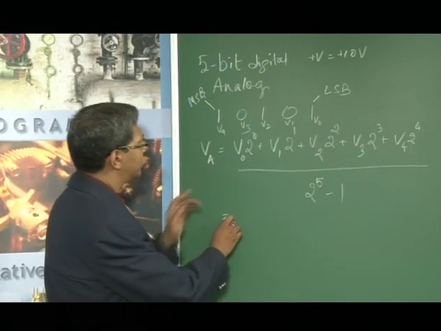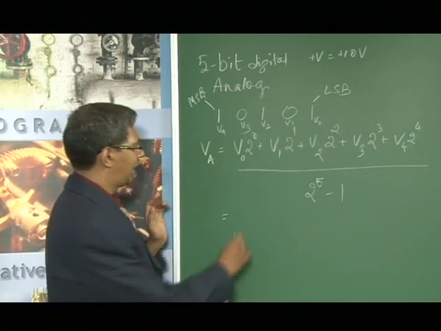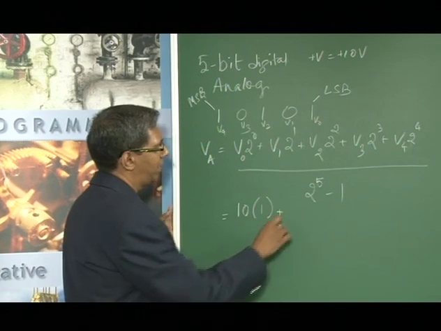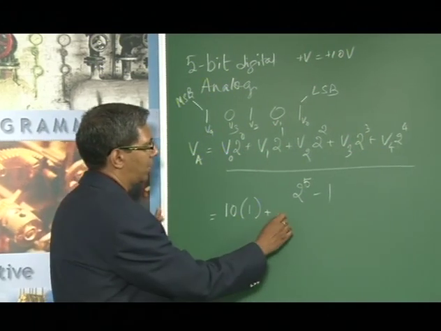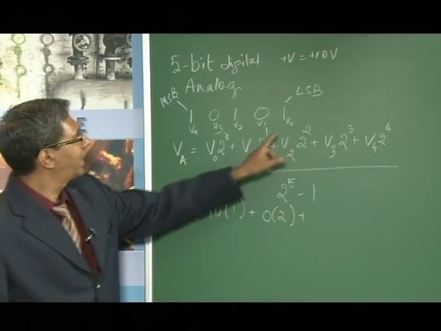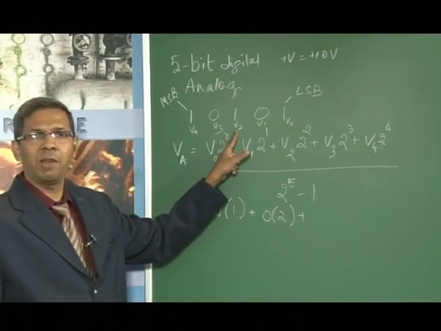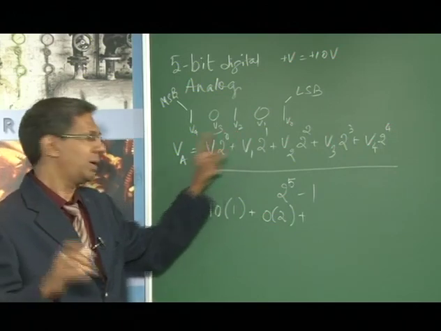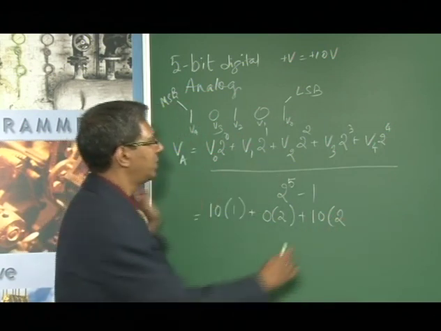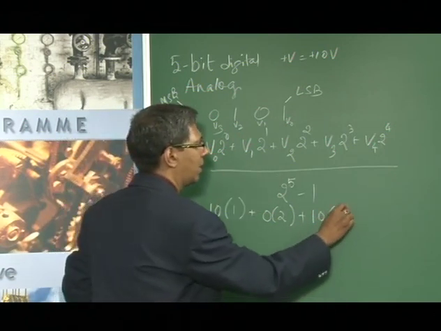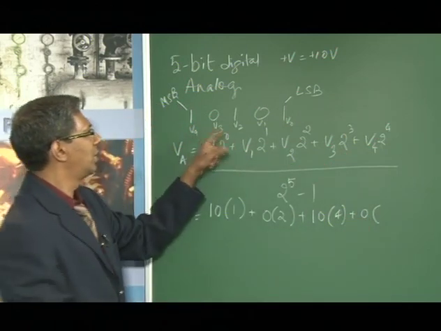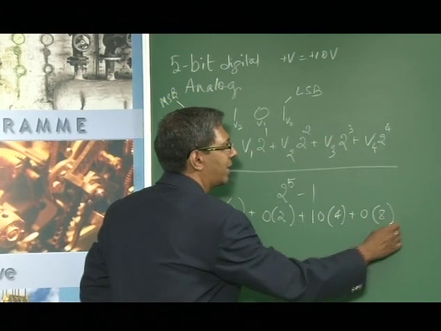So this expression becomes: V0 is 1, so I will make it 10 volts, 2 raised to 0 is 1, plus V1 is 0, so 0 into 2, plus V2 is again digital 1, so analog 10 volts into 2 raised to 2 which is 4, plus V3 is 0, even though 2 raised to 3 is 8, it does not matter.